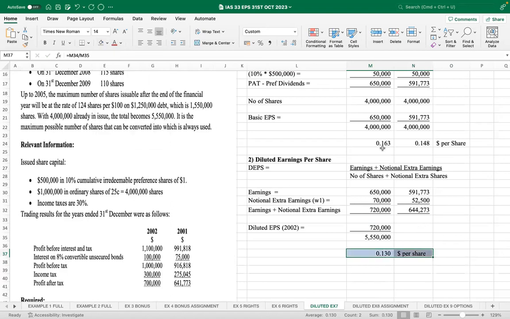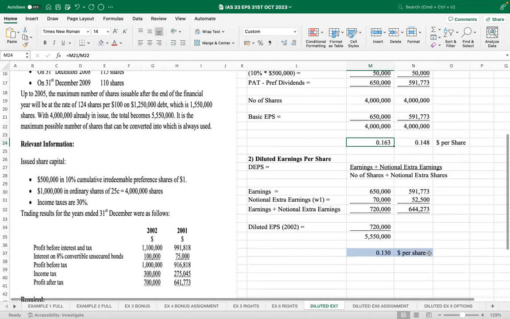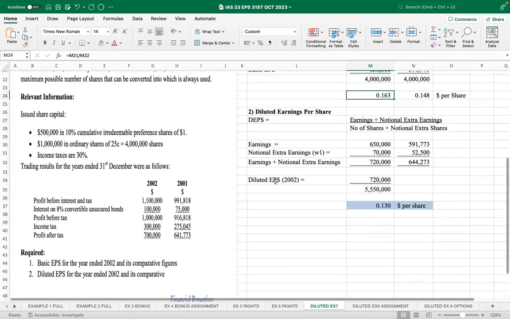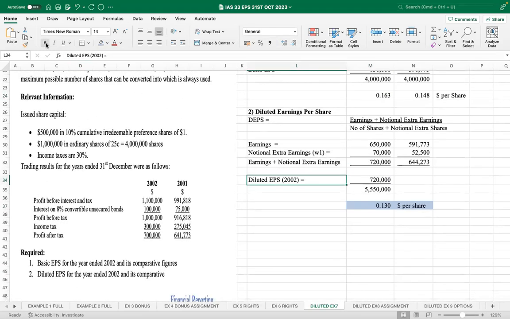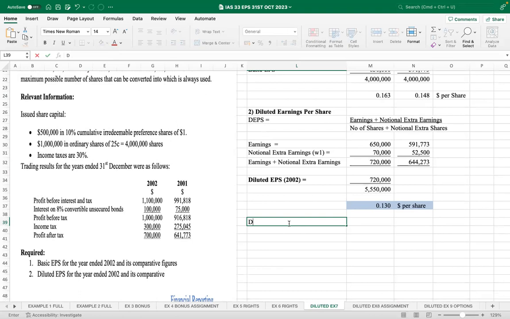Remember, it is diluted, so it should be less than the basic. Basic was 0.163. Diluted is 0.130. That is diluted EPS in 2002. Now, in 2001, diluted EPS in 2001.